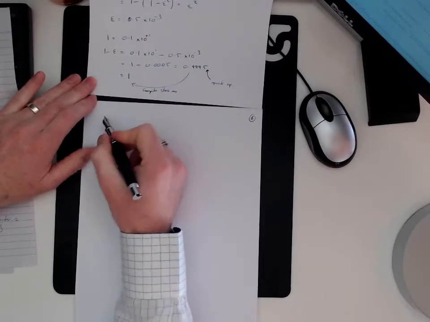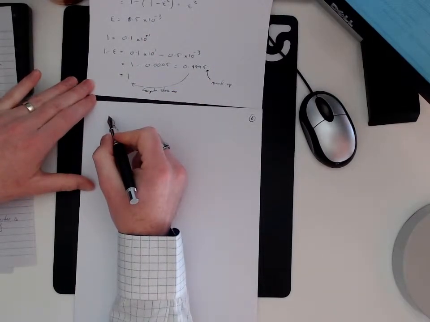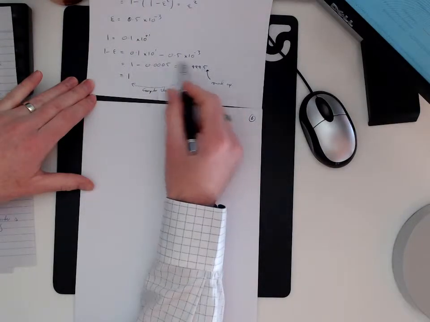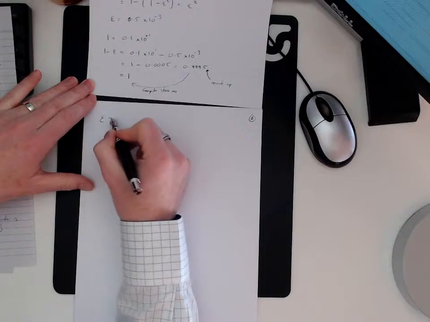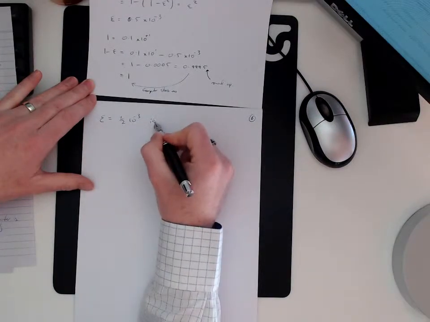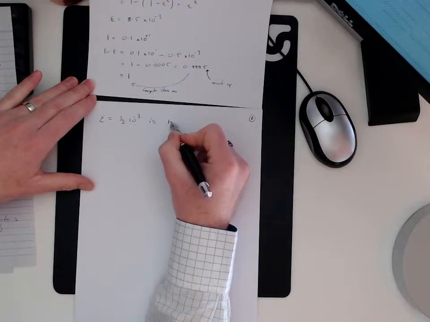Now, this is where we get back to it. In fact, you don't have to have specifically this, but this is because epsilon equal to 1/2 times 10 to the minus 3 is too small.